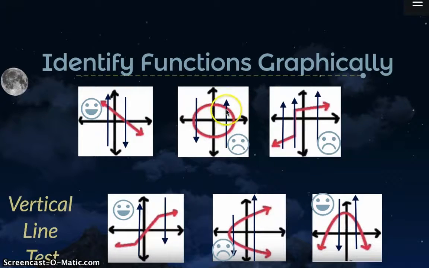While these vertical lines on the second graph, the oval, you see that vertical line right there passes through the point here and here, then that would mean that it's not a function. Passes through multiple points there, not a function. Passes through more than one point here, not a function. But the rest of these, they're functions.